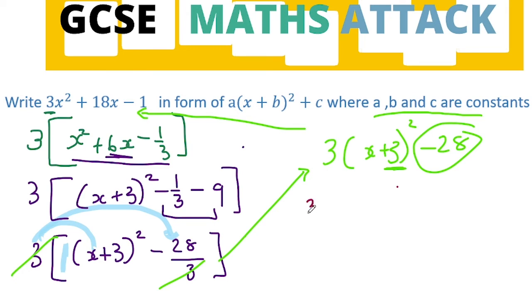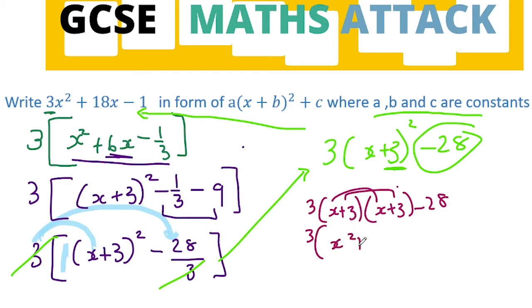So I have 3, I have (x plus 3), (x plus 3), and I have minus 28. The first thing I'm going to do is expand that. So that's x squared plus 3x plus 3x plus 9 minus 28. I'm going to simplify that first.